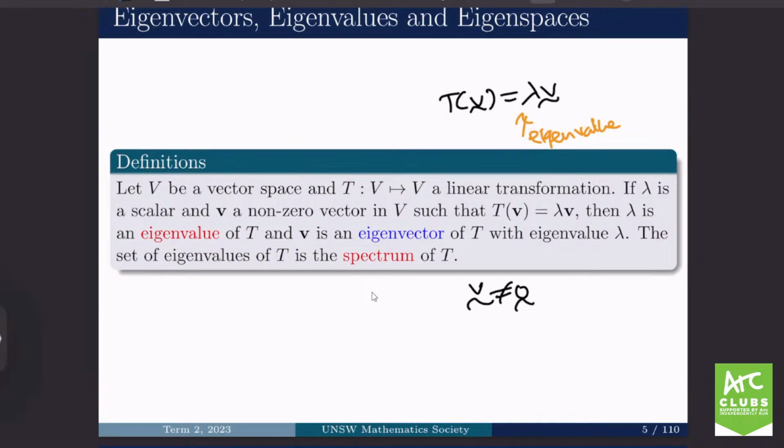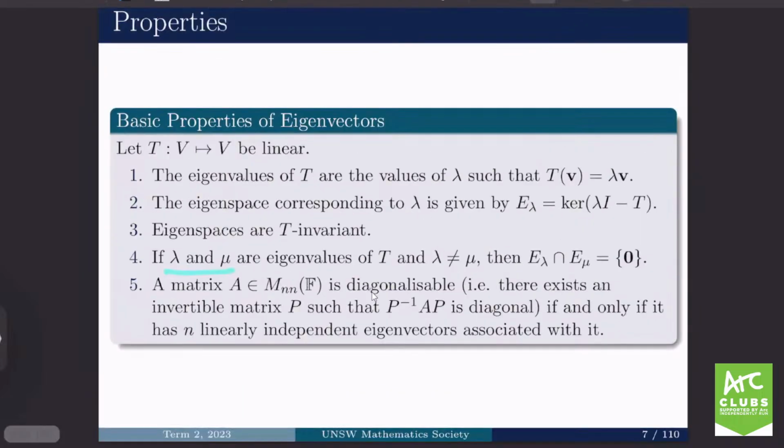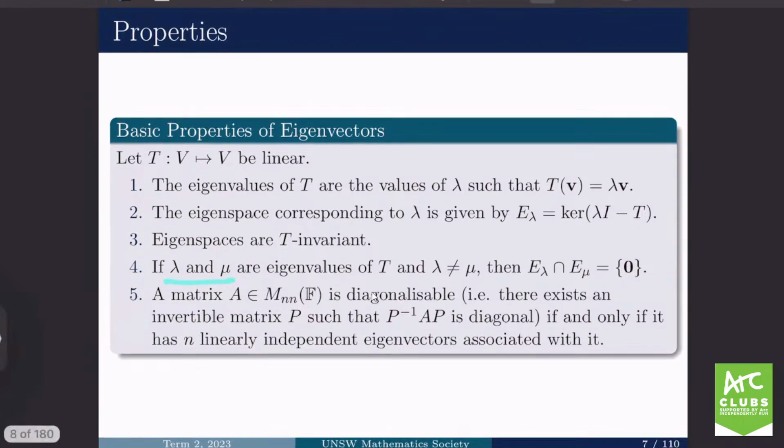So it's kind of a trivial eigenvector in that sense. So we're saying that all eigenvectors are non-zero. So this is saying that if we have two distinct eigenvalues, then their eigenspaces only intersect at the zero vector. So that's sort of the common eigenvector in that sense, is only the zero vector.